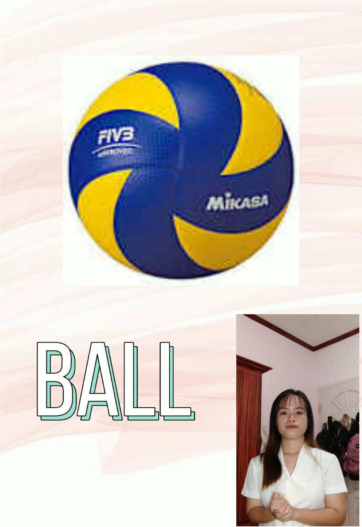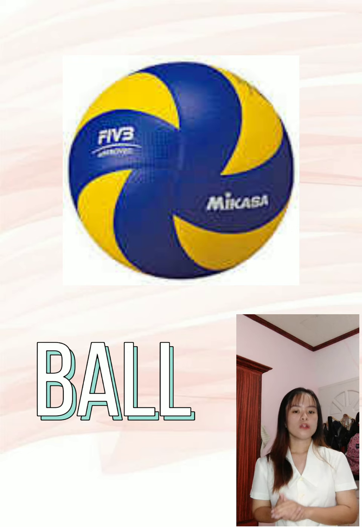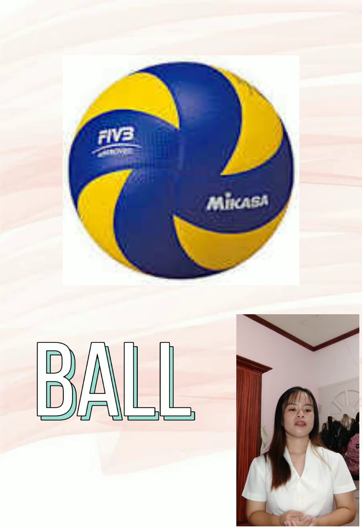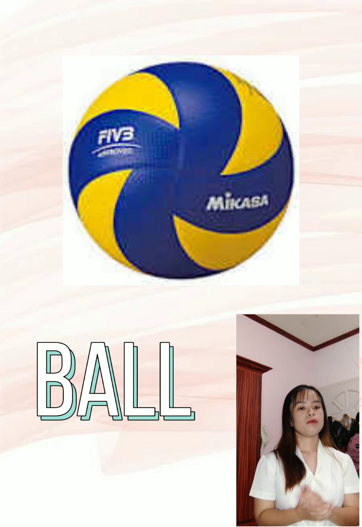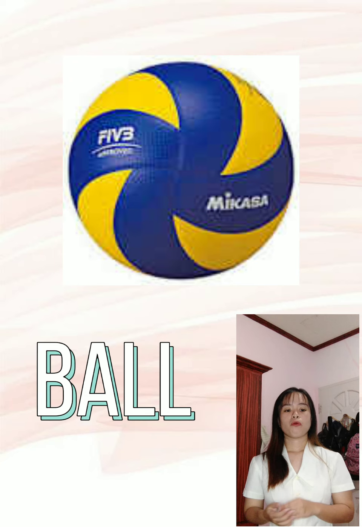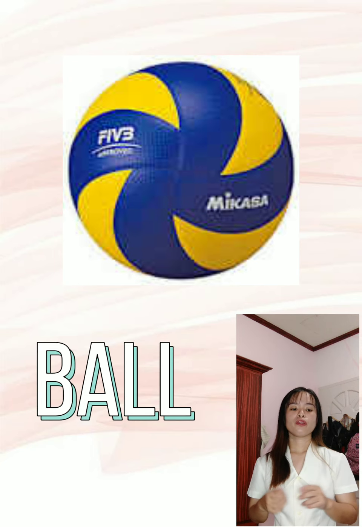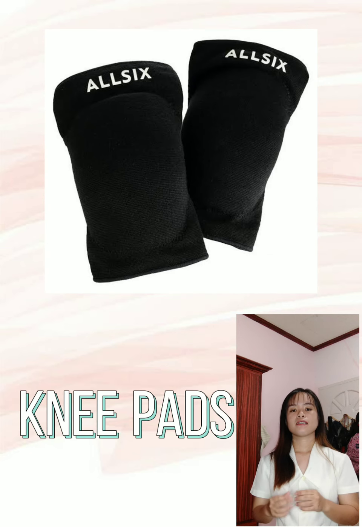Next is the ball. The volleyball is spherical, made of flexible leather or synthetic leather, case with a bladder inside, made of rubber or a similar material. The size of the ball should be 25.5 to 26.5 inches. Next are the knee pads.